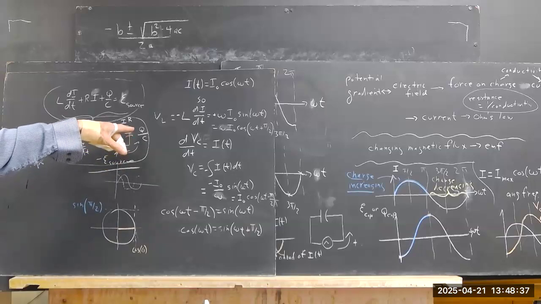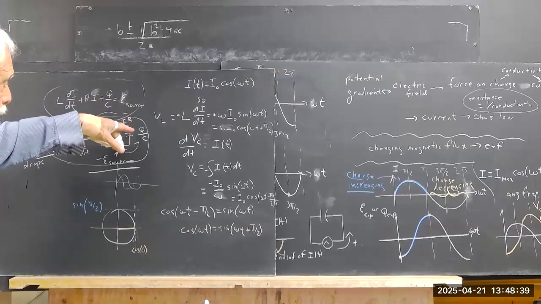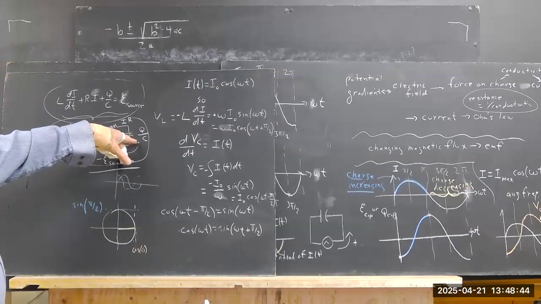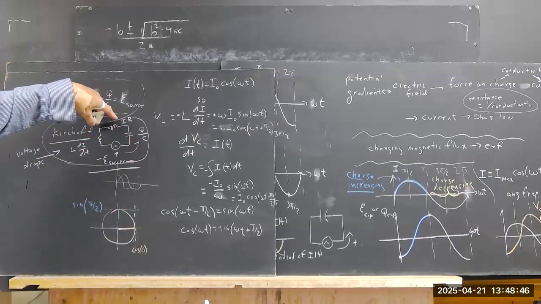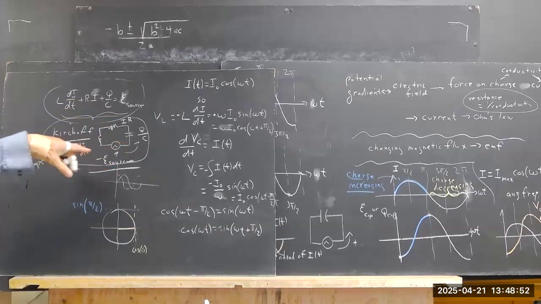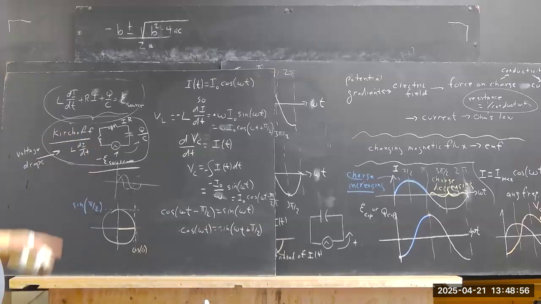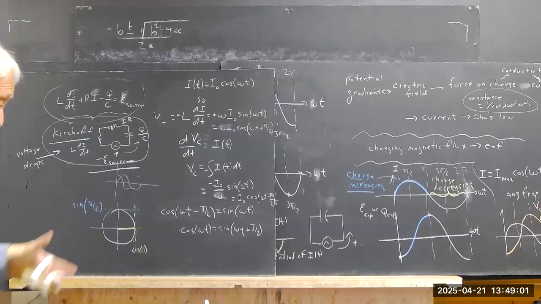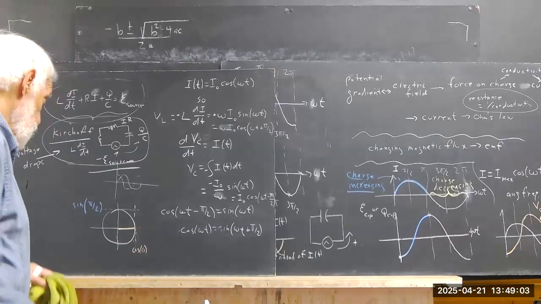We have a positive voltage change across the capacitor, which is Q over C. Voltage change IR across the resistor. Voltage drop IR, okay? And your voltage drop is L dI/dt across the inductor. And we talked about all that in some detail when I wrote out the original equation.